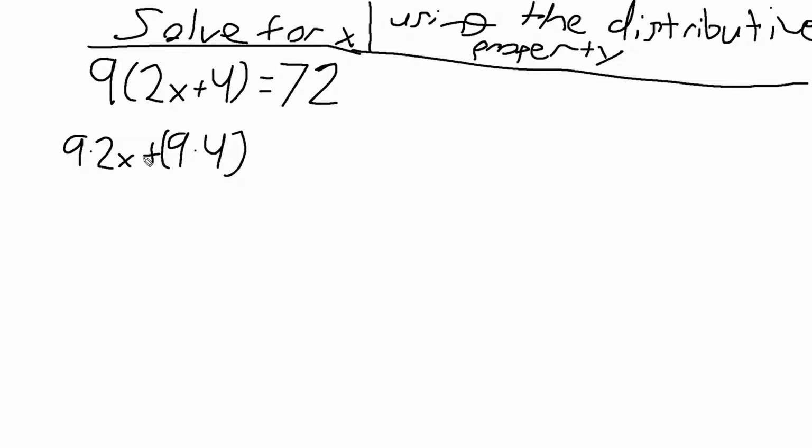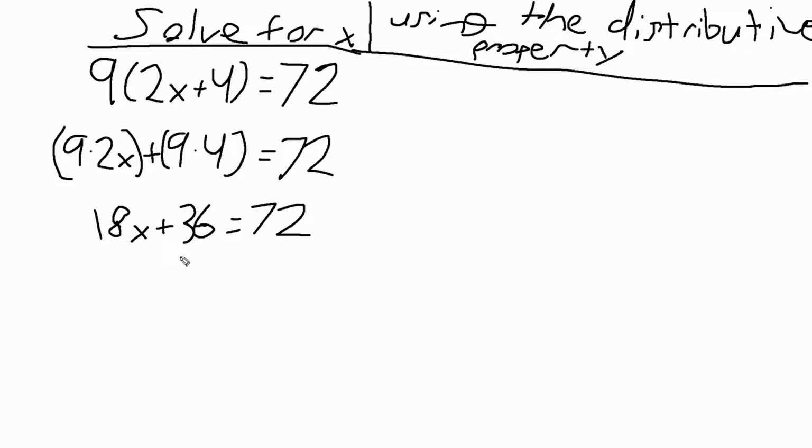And then we could put these each in their own parentheses to show that we're doing them on their own and then adding them after. So here we would multiply 9 by 2x, you would just get 18x. And here, just do the plus, and then 9 times 4, 36. And we still have to do equals 72.